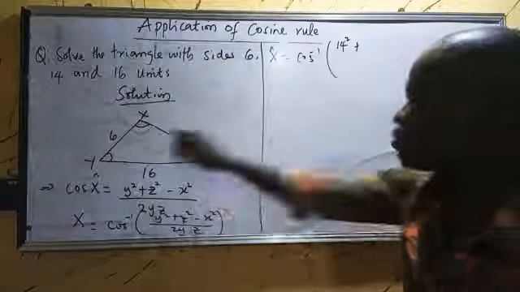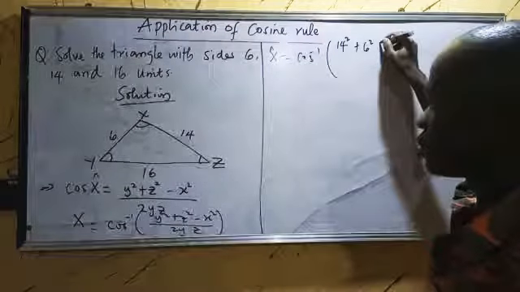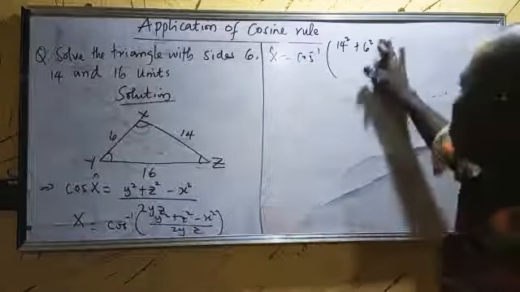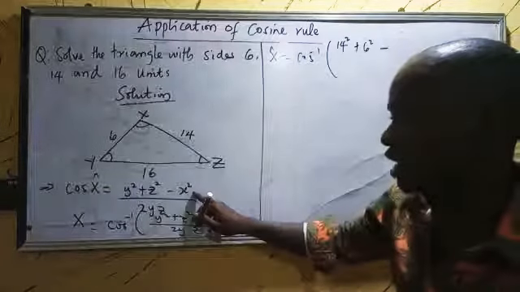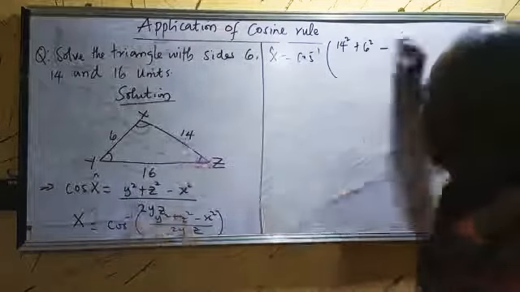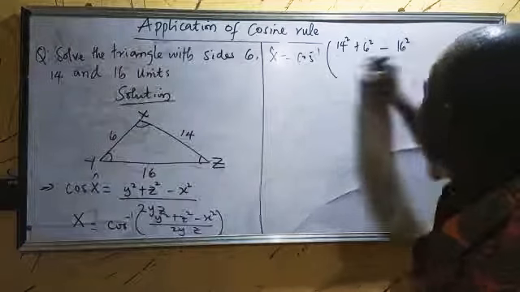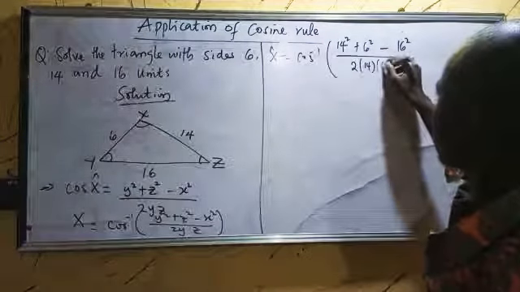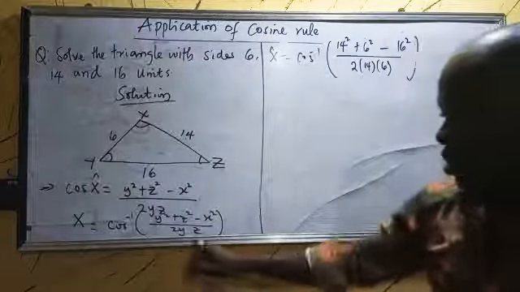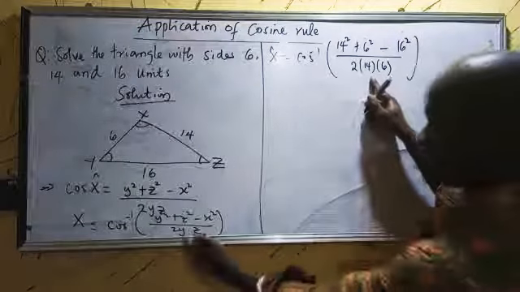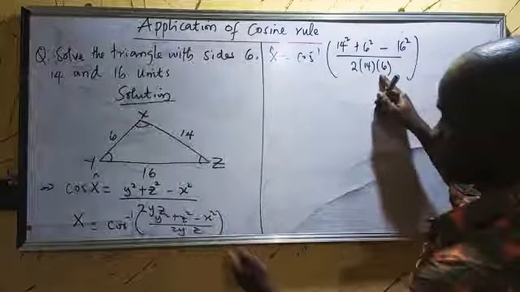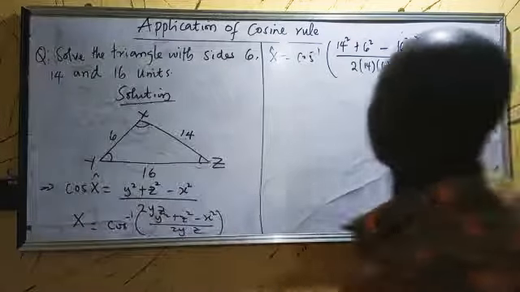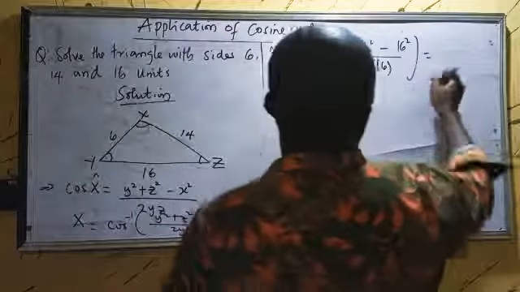We have 6 squared, minus my x, which is 16 squared, over 2 times 14 times 6. That is 2 times y and z.